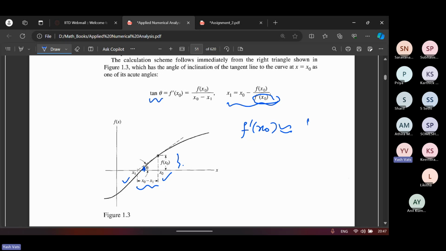Do you remember that? Here it is. So in the second method, you are basically just using the approximation of the first derivative at some point.